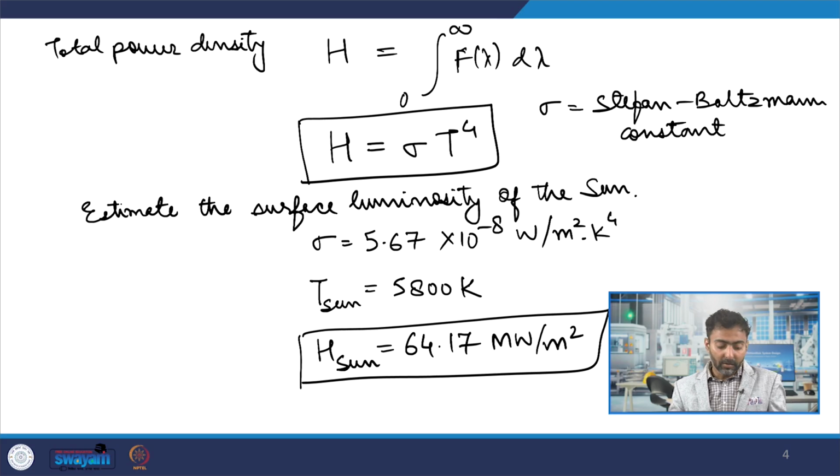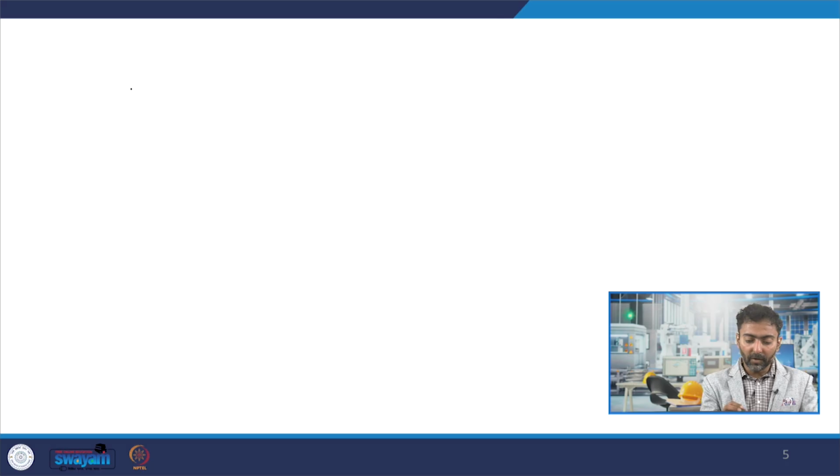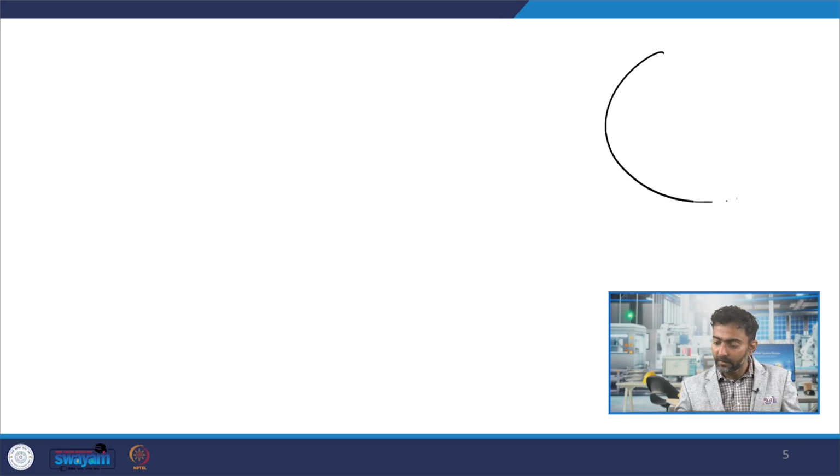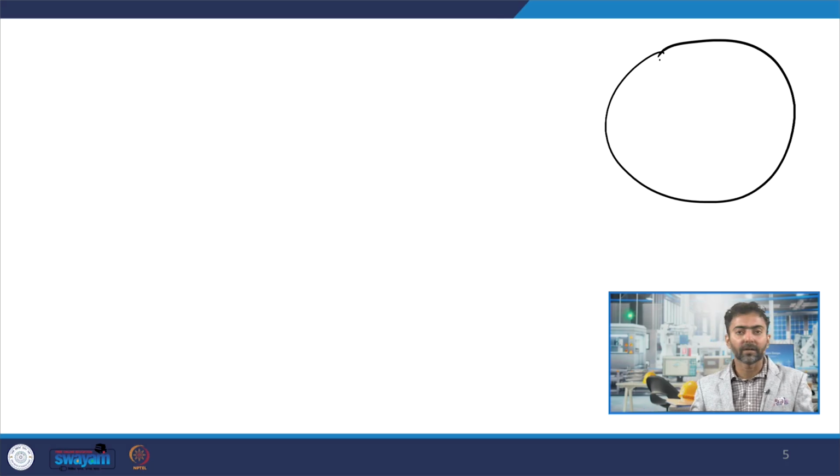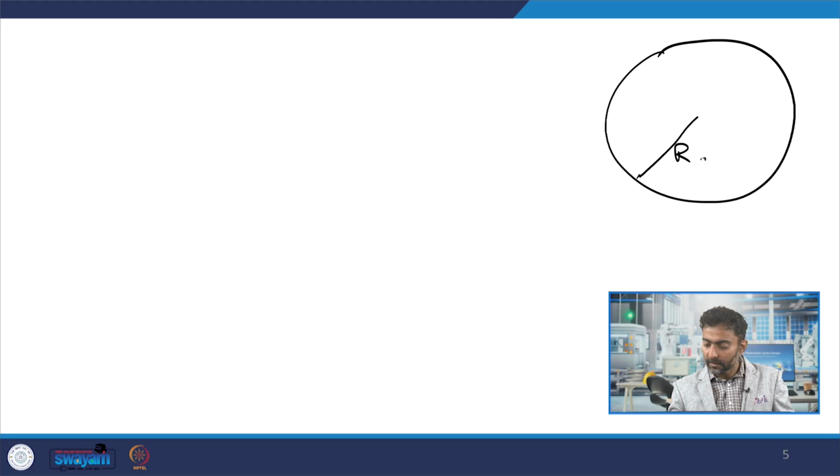And just to put it in context, we would like to see how it translates into the total power emitted by the sun. So if we want to estimate the total power emitted by the sun, we will approximate the sun with a sphere, which is a fair degree of approximation, and let's say the radius of the sun is r sun.